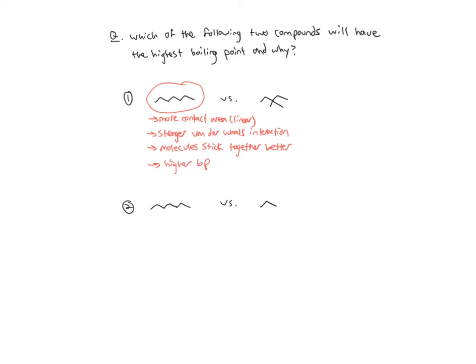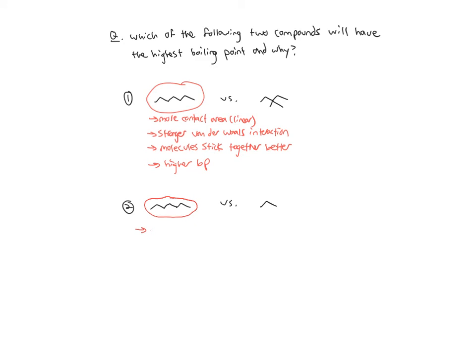and then identifying the fact that that does have the higher boiling point. Then we have this question down here where we have the same molecule actually, but this time we're comparing it to propane. What we see with this one is, now it's not so much linear versus branched because they're both more or less linear, we have a large versus small molecule. And we said with larger molecules, we also have the higher contact area. So this one is still going to be our higher boiling point.